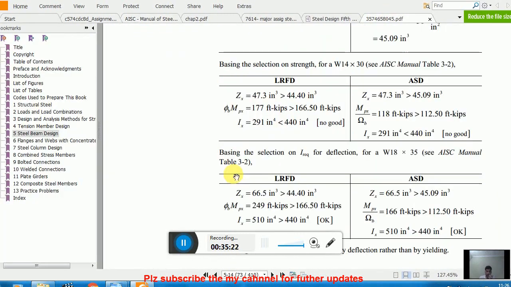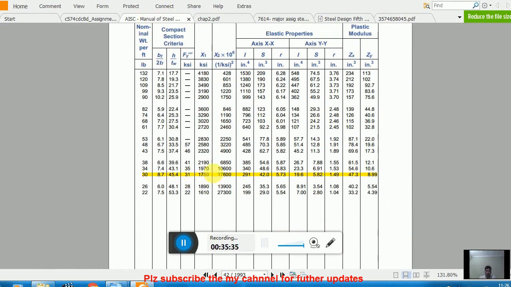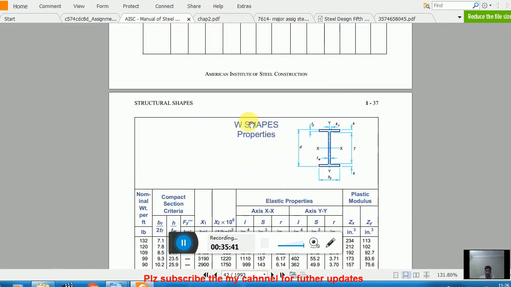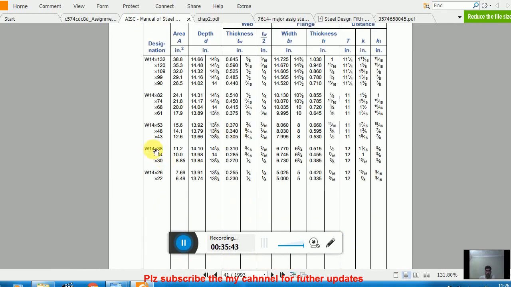the required value, okay. Because you see our required IX was 510, where the section is W1430.